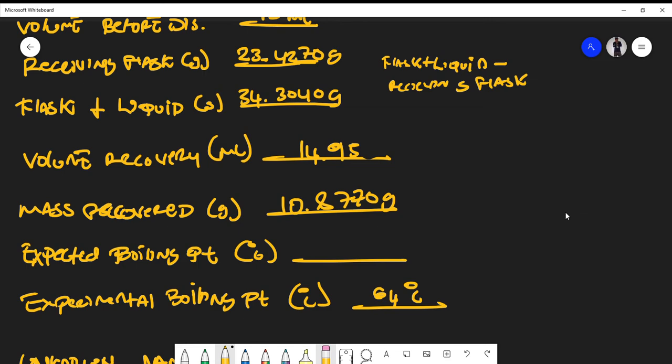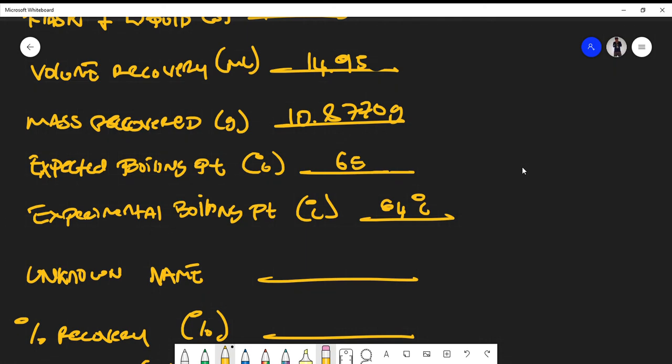Out of all my compounds, methanol was the closest, and its theoretical boiling point was actually 65 degrees C. Why did I put percentage? Right? It was 65 degrees C. Now, based off that, I know that my unknown is methanol. Right? So that's how you figure out your unknown in the lab.